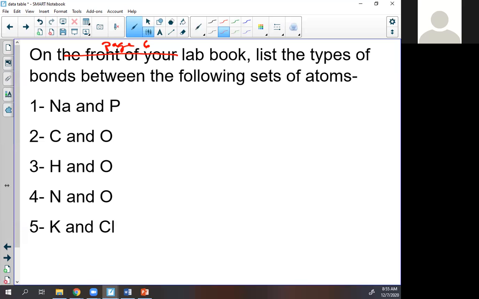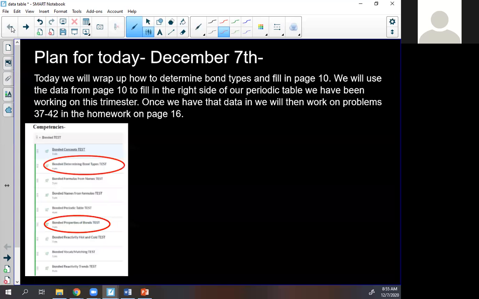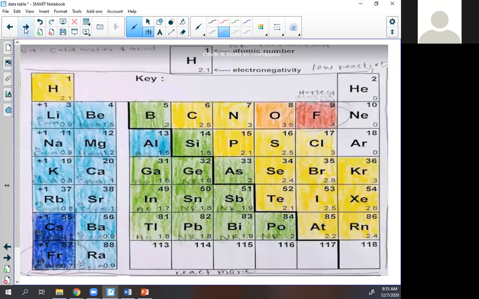What we do is we find Na and P on this periodic table. We look at Na and we find this number right here is 0.9. Then we find phosphorus and it is right here. So I have 2.1 and 0.9. I always go big minus small.